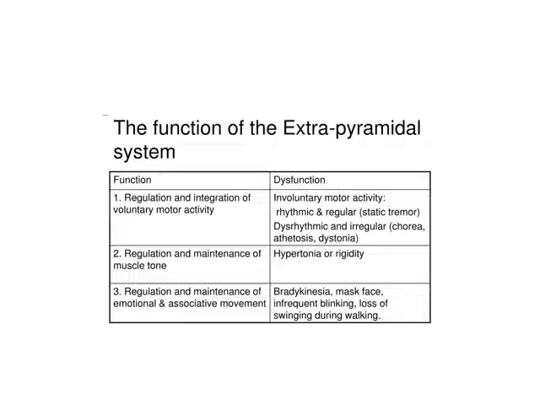The second function is regulation and maintenance of the muscle tone. The dysfunction of this ability gives hypertonia or rigidity. Hypertonia in affection of the extrapyramidal system is formed of rigidity. What is rigidity?